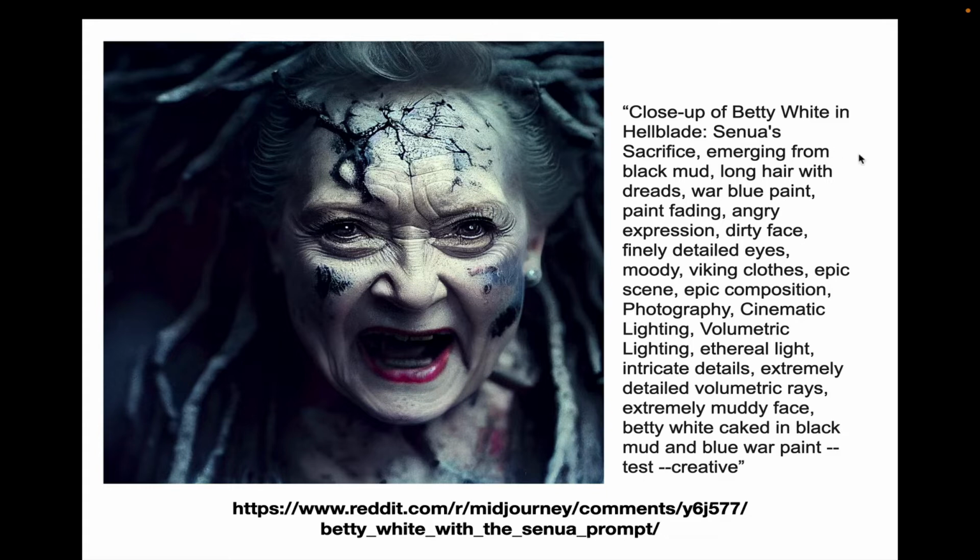What I want to show you here is the description that was given in order to get this. So you see things like cinematic lighting, volumetric lighting, ethereal light, intricate details, extremely detailed volumetric rays, extremely muddy face, Betty White caked in black mud and blue war paint test. Creative.